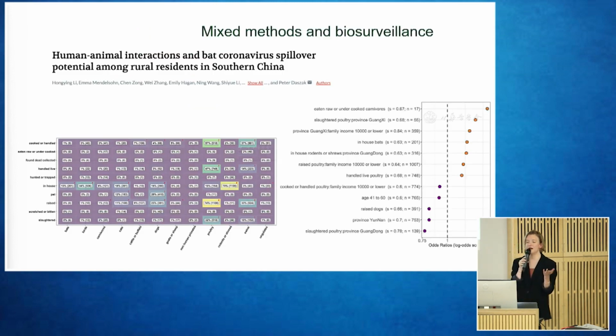This is another good paper from the Predict group that did a true mixed methods analysis of a survey, some qualitative methods, and also serology results. So 100 serum samples, or excuse me, let's see, looking at my notes from the methods of this paper.